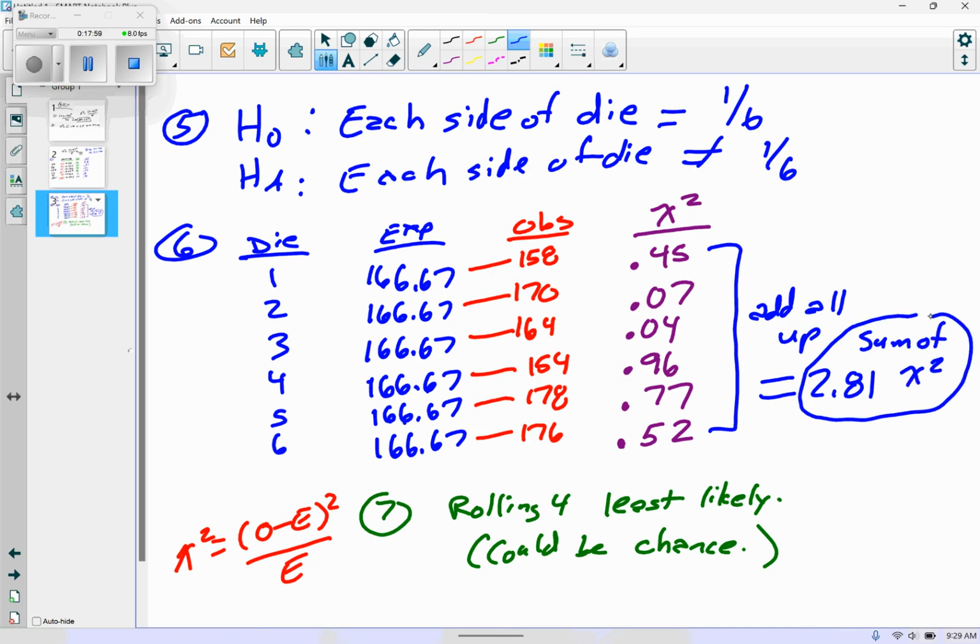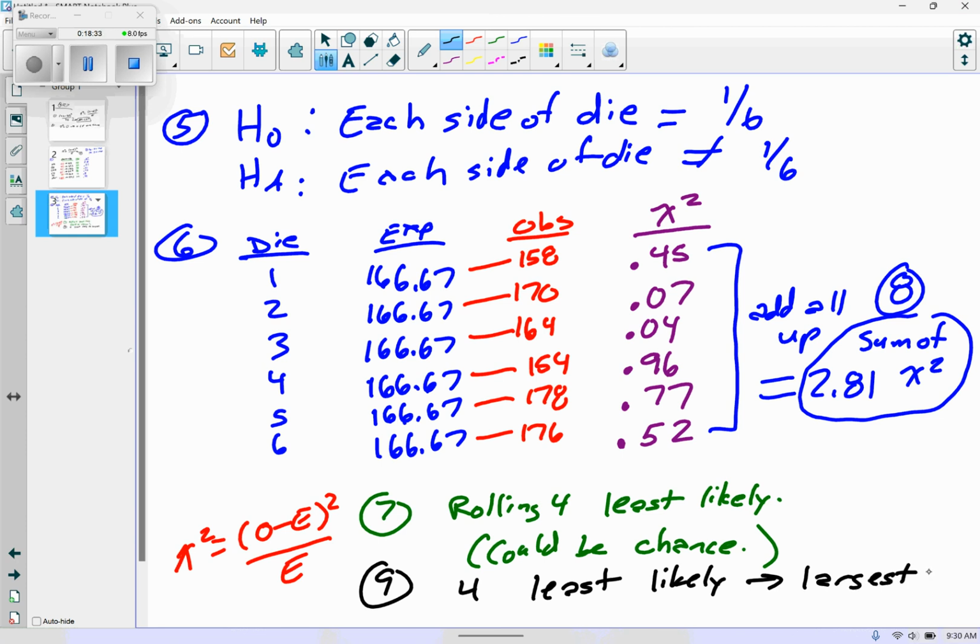And then which outcome was the least likely to occur if the null is true? This is the answer for number 8. So which one's least likely? The 4 is the least likely. It's the largest chi-squared.